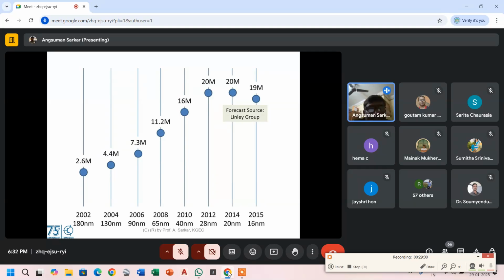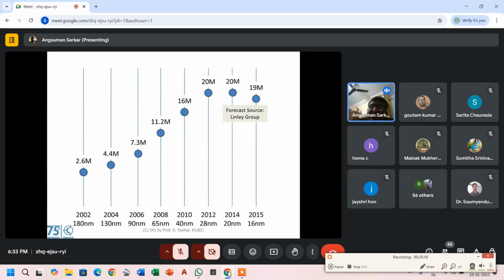In 2006, the number of transistors almost doubled again, 4.4 to 7.3, and the technology node has changed from 130 nanometer to 90 nanometer. From 2008, it is 111.2, and the technology node used is 65 nanometer.